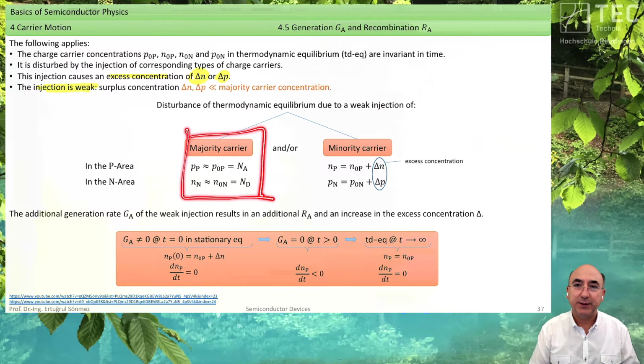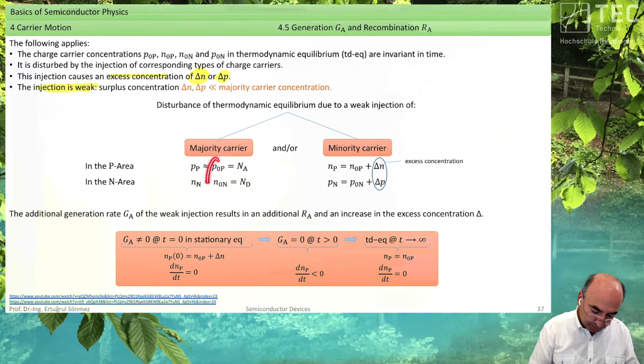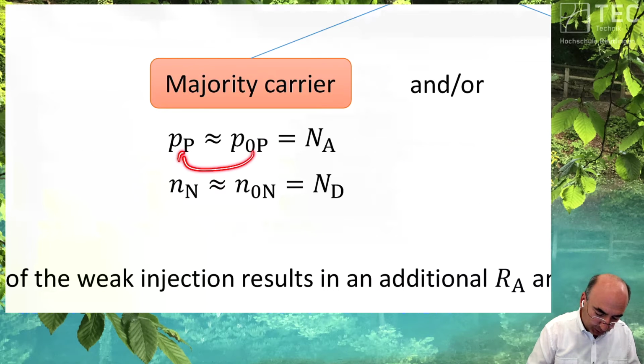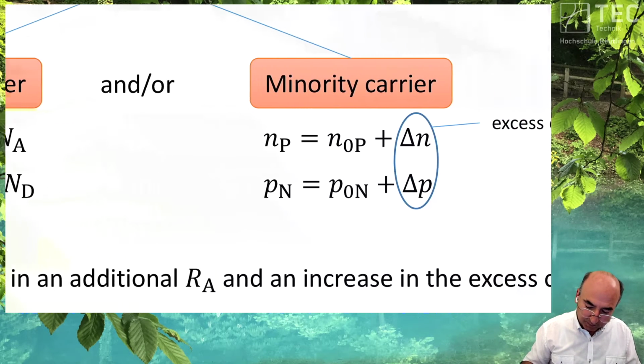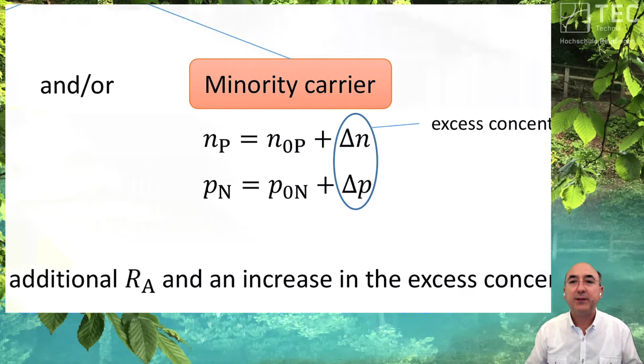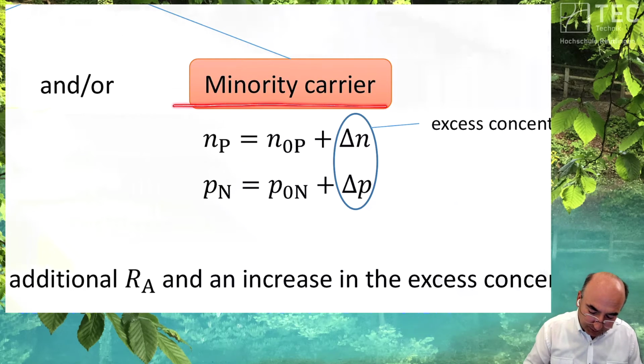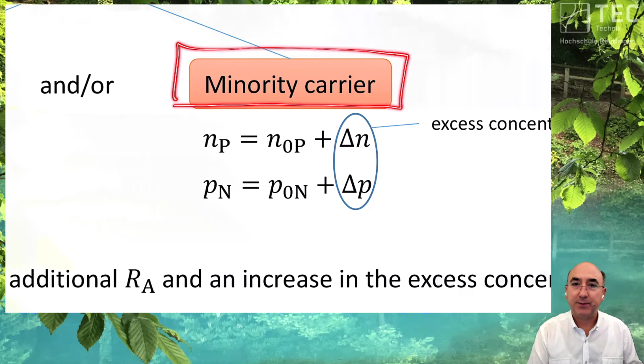This is the majority carrier concentration. If we have a lot of them, then the disturbed value, without the zero, is about the same. But for the minority carriers, it's not. Why? Because they are minorities, because there are fewer of them. So the injection does disturb the concentration of the minority carriers.